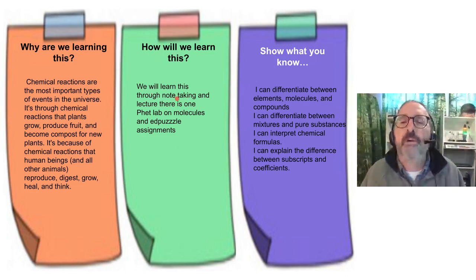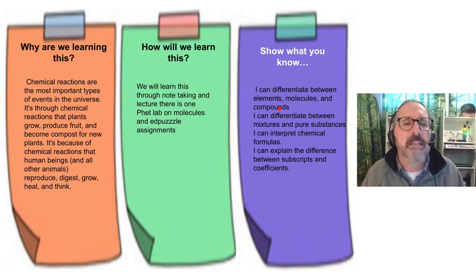How we're going to do this is we're going to take lecture notes and watch the lecture. We have a PhET lab on molecules and some Edpuzzle assignments. So these will strengthen your information. So what we need to know is how to differentiate elements, molecules, and compounds. So we're going to do that.